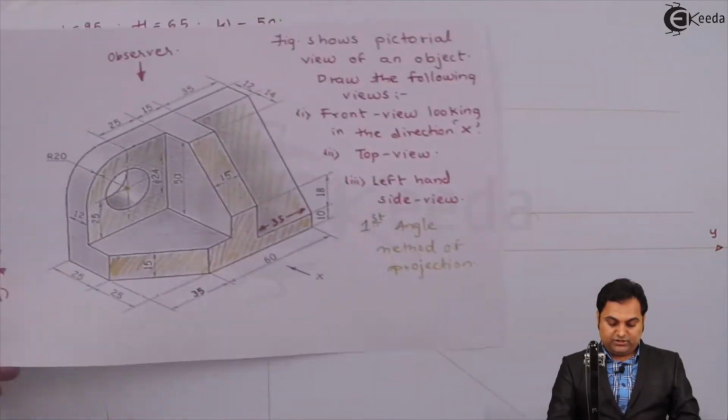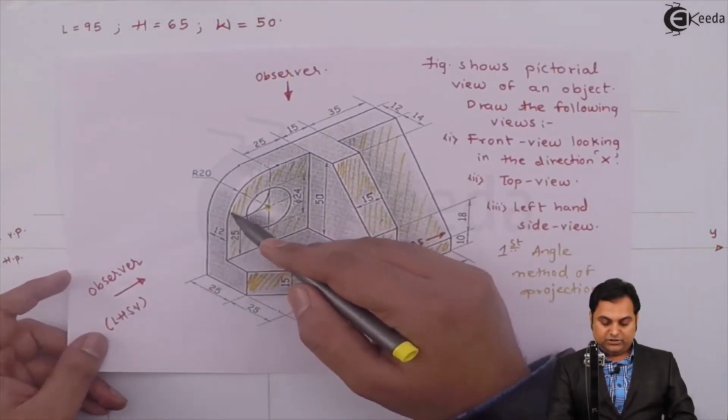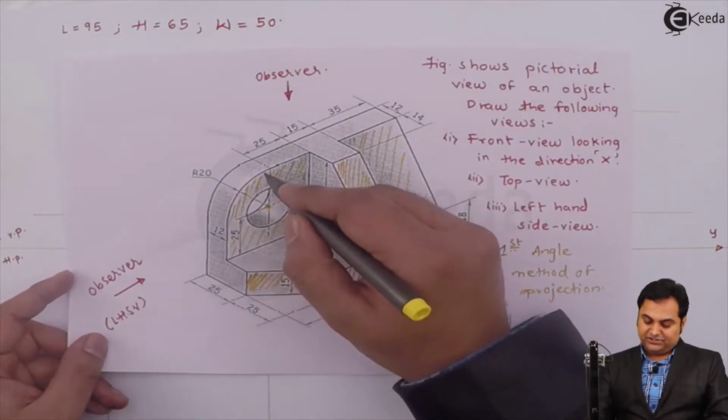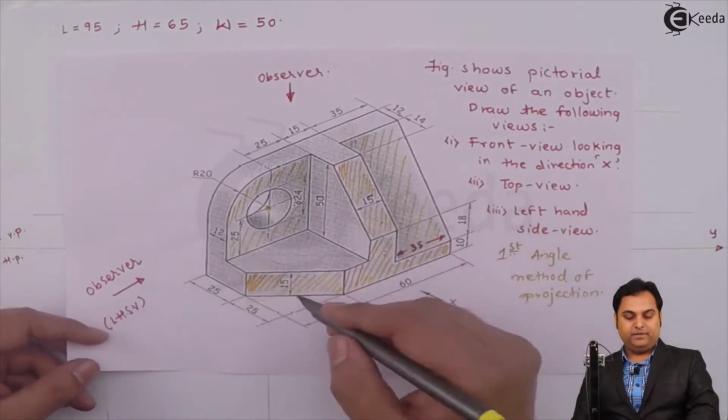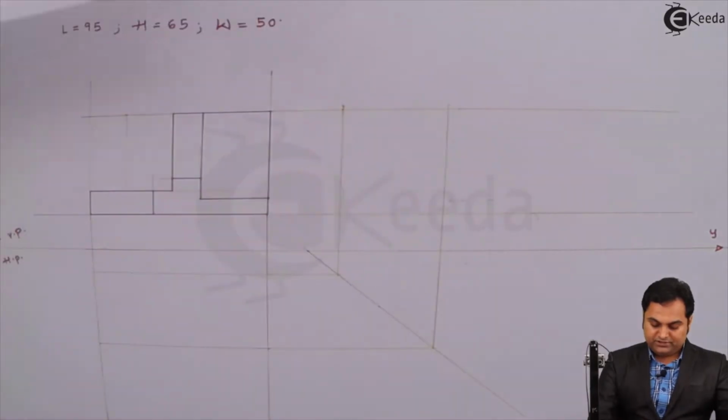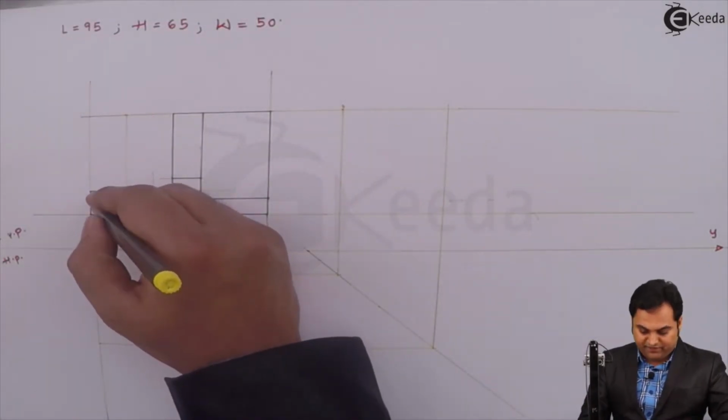Here this portion is a quarter circle and its center is located at a height of 25 after this 15 plate. So here is that 15 plate, 25 above it.